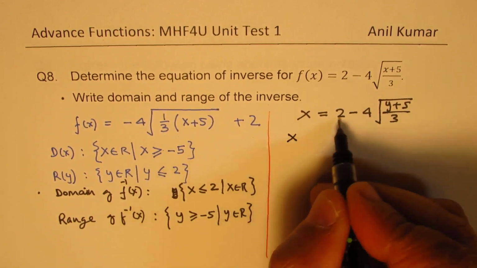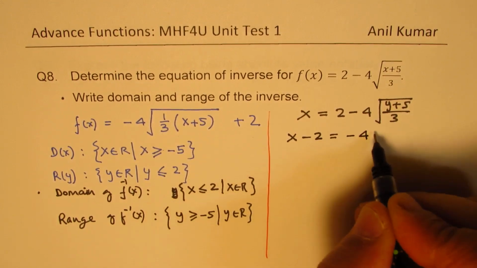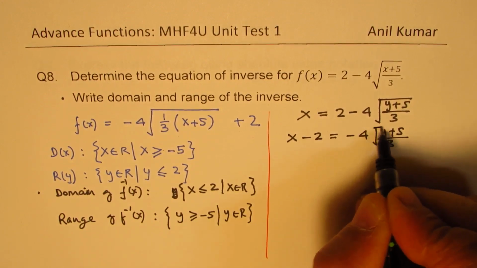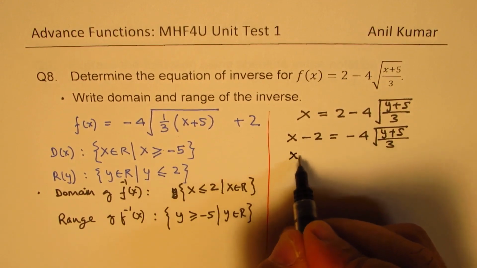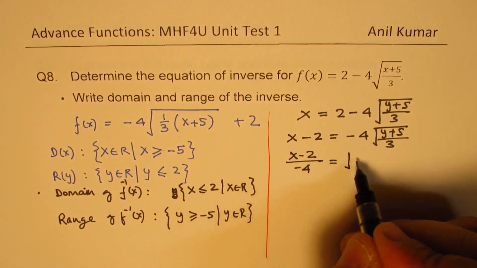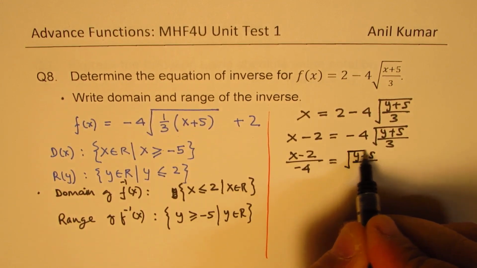We get x minus 2 equals minus 4 square root of (y plus 5) over 3. Now we have to divide by minus 4. So we get (x minus 2) divided by minus 4 equals square root of (y plus 5) over 3.